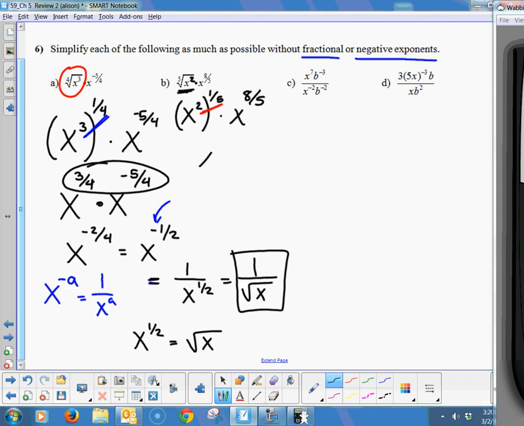So this is x to the 2/5 times x to the 8/5. And when I'm multiplying the bases, I am adding the exponents. If I add 2/5 and 8/5, I get 10/5, which is 2.